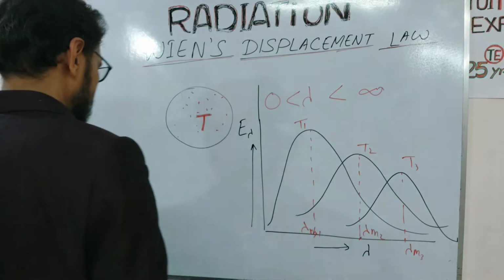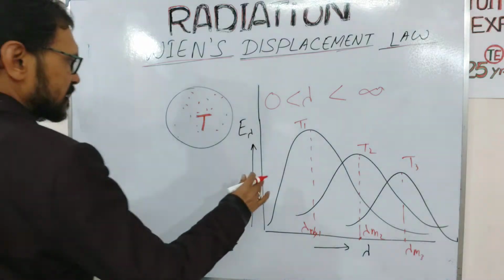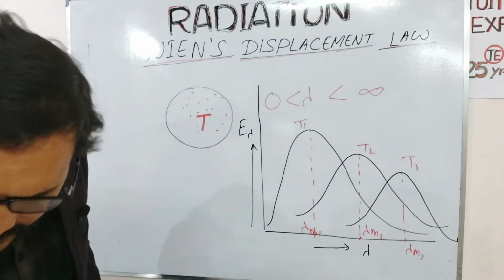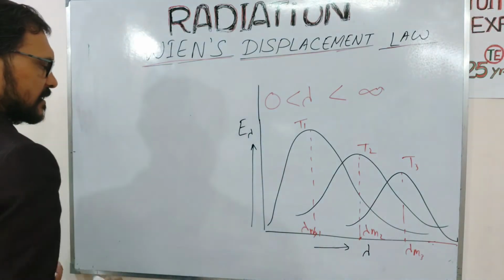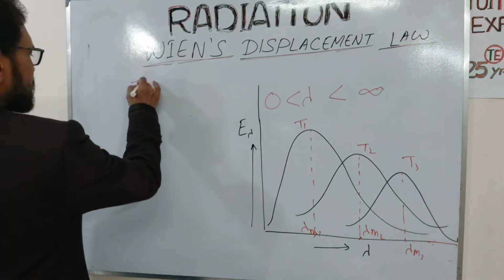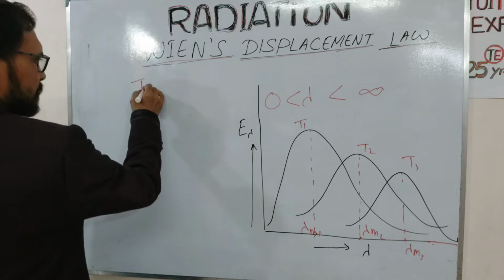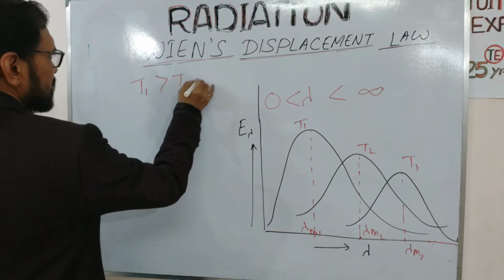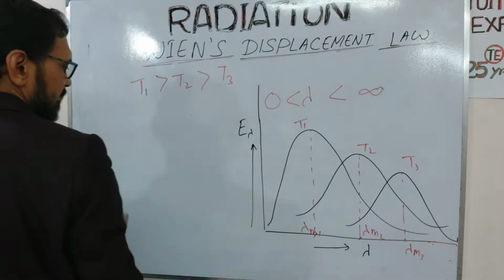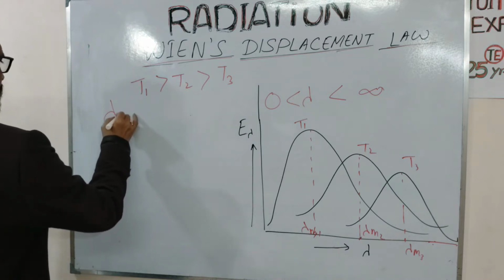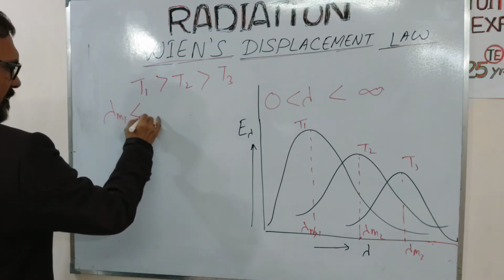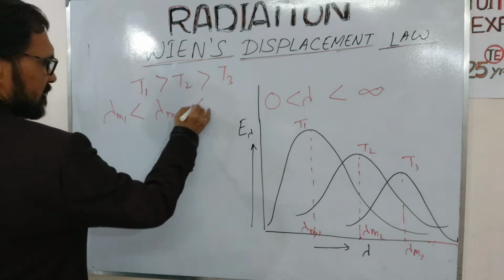From this graph, the first thing observed is that as the temperature becomes more, that is, if T1 is greater than T2 is greater than T3, then lambda m1 is less than lambda m2 is less than lambda m3.